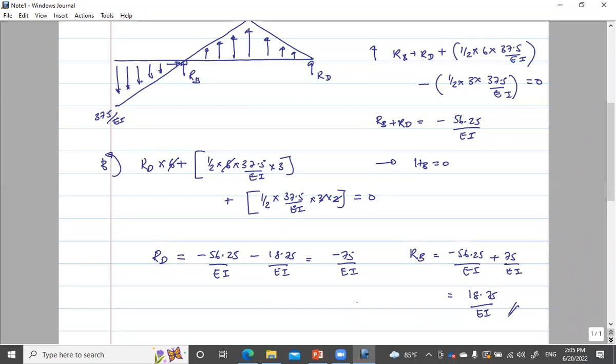So these are the two reactions. RB has a positive reaction and RD has a negative reaction of minus 75 over EI.